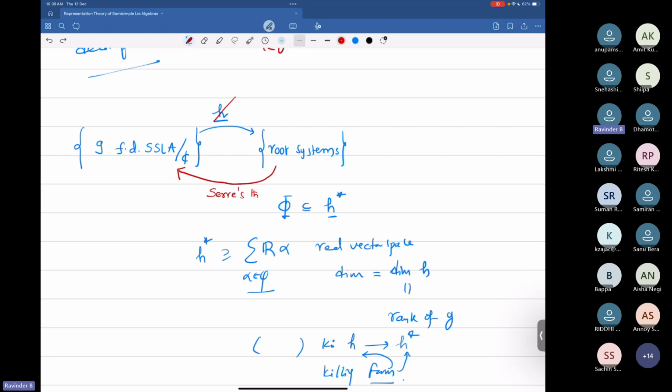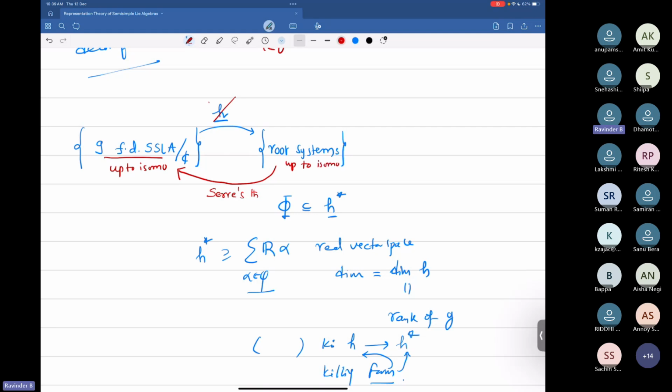Yesterday we saw how to construct root systems from a finite dimensional semi-simple Lie algebra. You begin with a finite dimensional semi-simple Lie algebra, construct a root system and come back here, then whatever you construct may not be G, but it's isomorphic to G. So up to isomorphism, semi-simple Lie algebras are in bijective correspondence with isomorphic root systems.